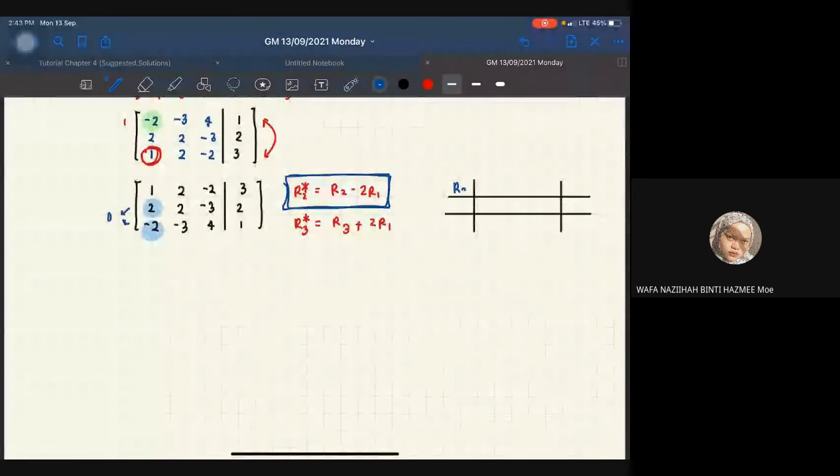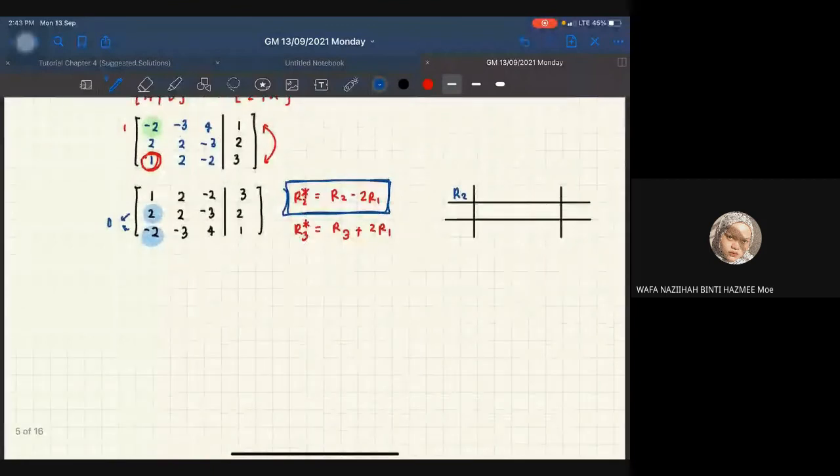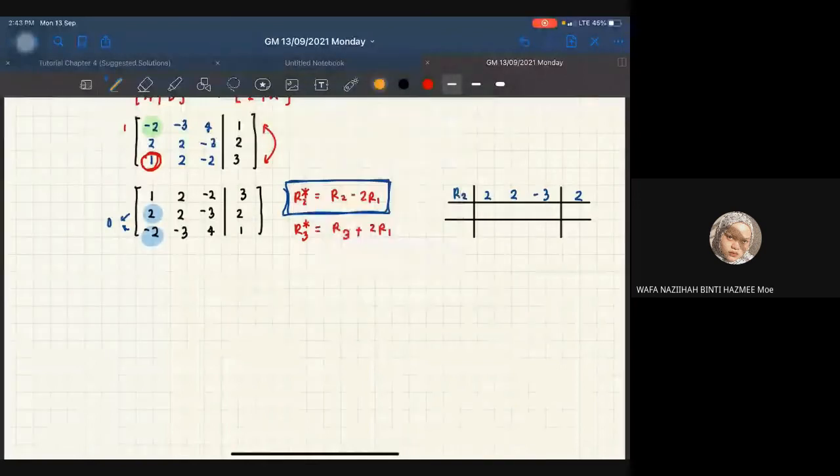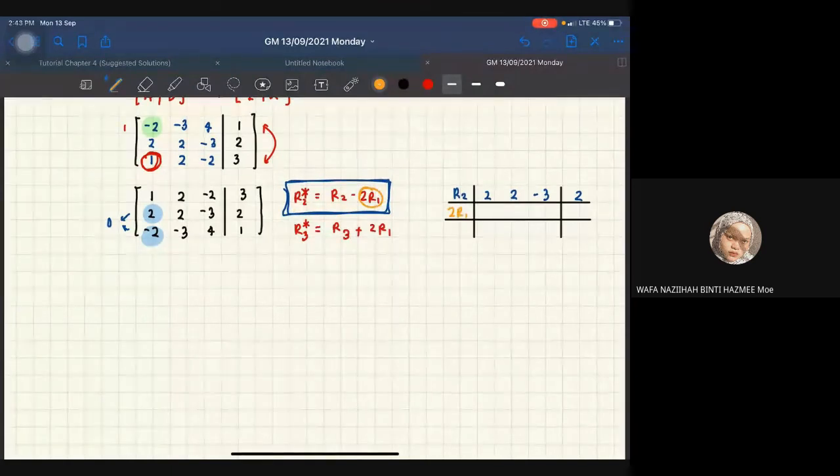Letak 2R1 dekat sini. So R1 kita adalah this one. Awak just multiplykan everything with 2. So you have 2 over here and then you have 4 and then negative 2 times 2 you have negative 4. And then dekat belah kanan awak ada 3 darab 2 dapat 6. Okay, so settle untuk 2R1.